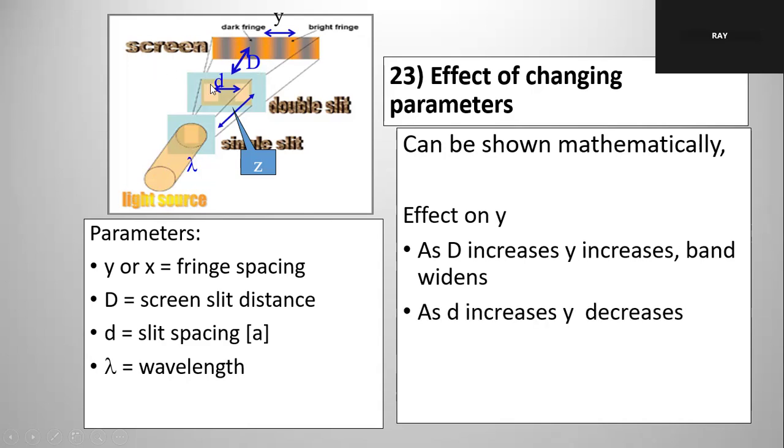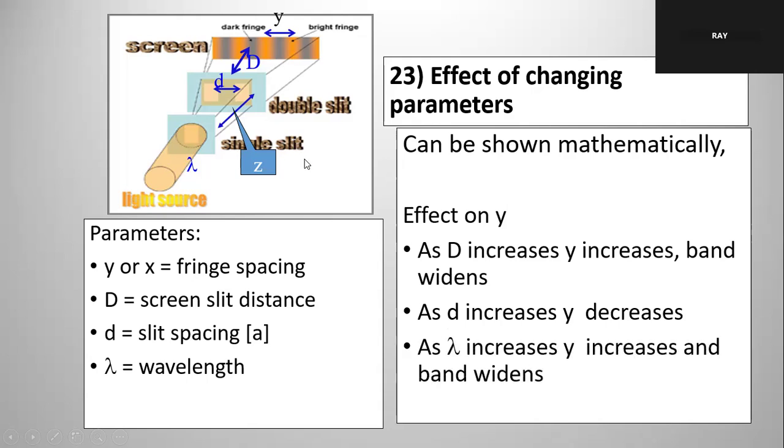As the small d increases, y decreases. As lambda increases, we increase the wavelength of the light, y increases and the band widens. So we can summarize all this with the mathematical formula.